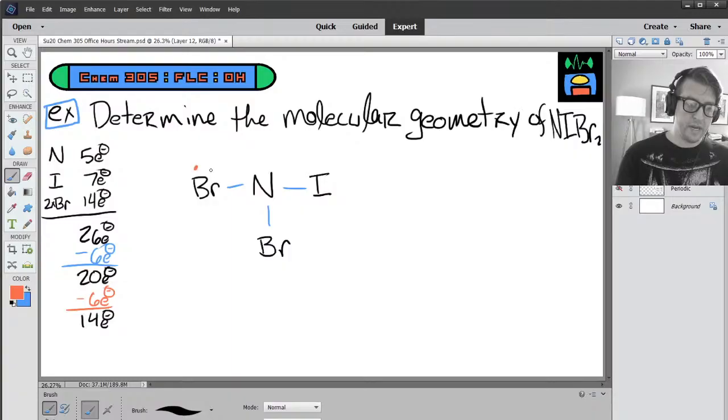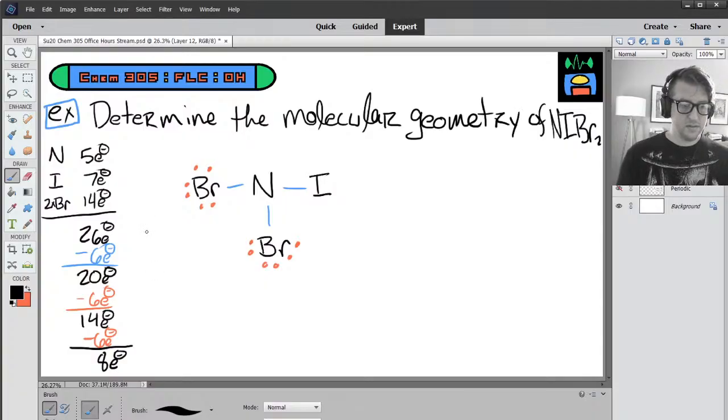So we can give bromine a full octet. This bromine also needs 6, and we have 6 in the budget. So that'll leave us with 8 electrons. Iodine needs another 6, and we have 6 in the budget.